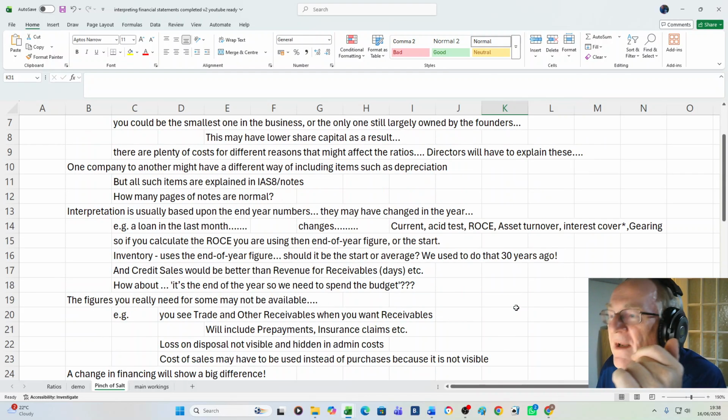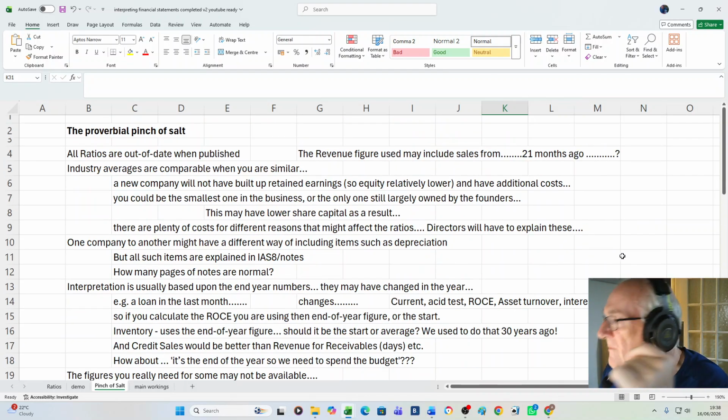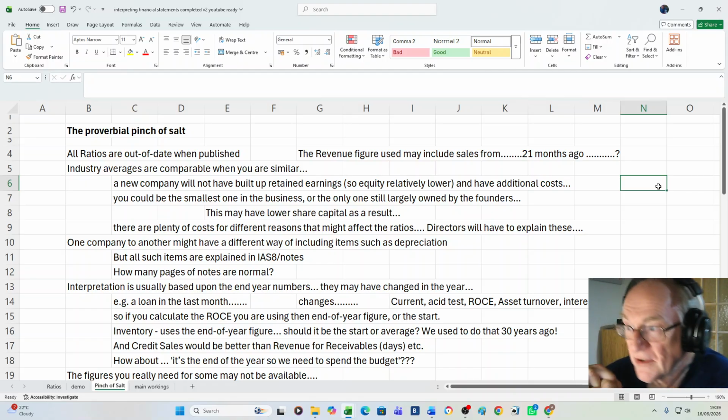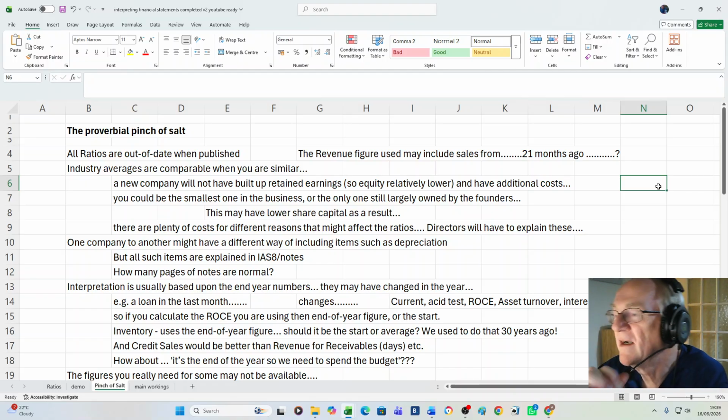Right, so now, okay, last bit of theory. Just a few notes. We could actually write a book on the limitations and use of ratios. So for a start, if we're looking at financial ratios, they're all out of date when they're published. That's because it will be up to 9 months before it appears in Companies House records and can be seen.